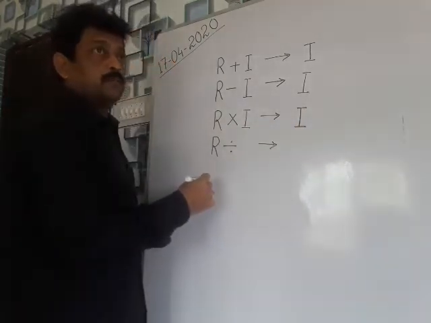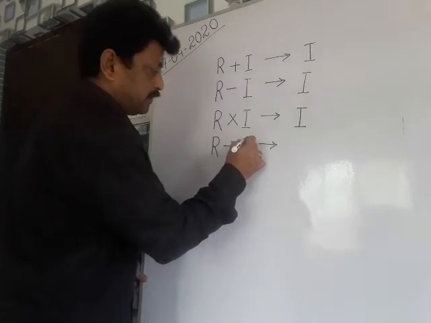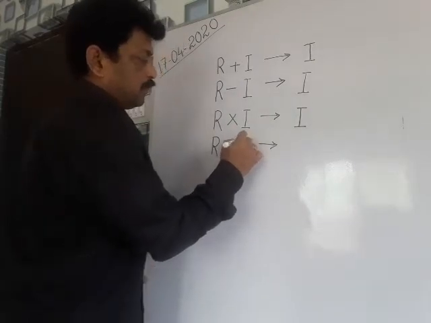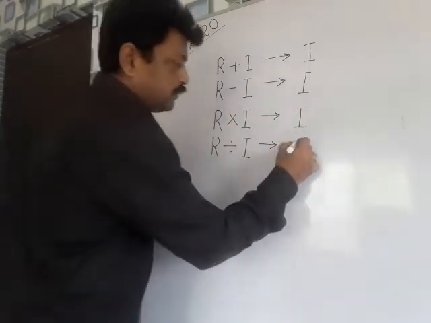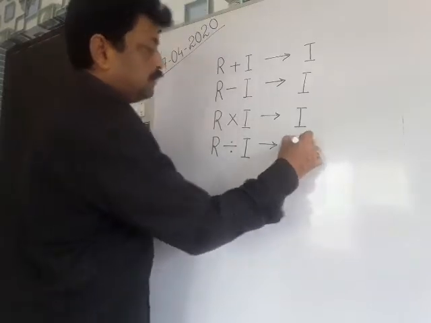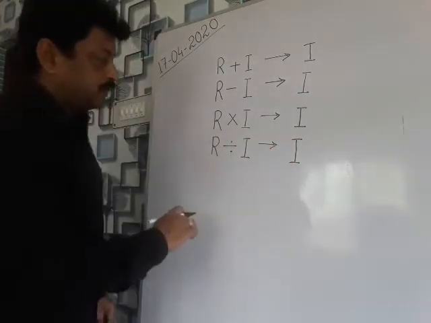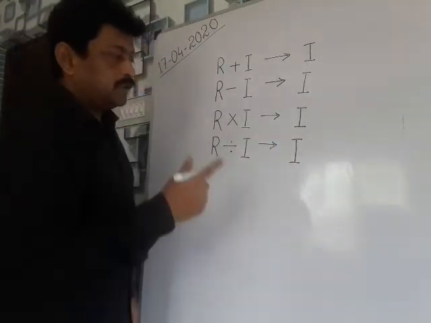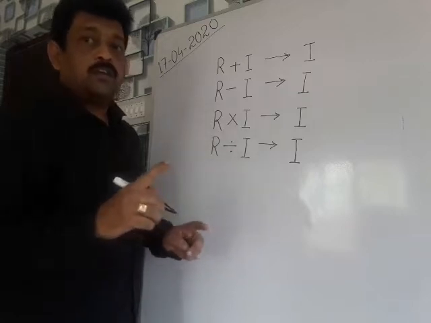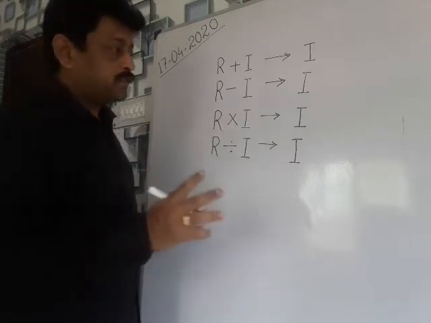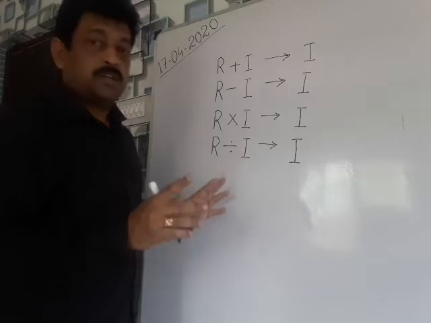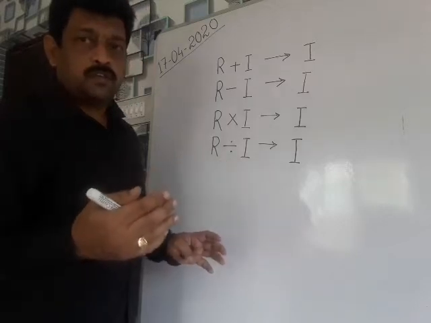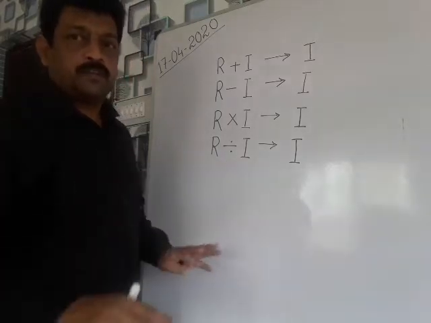If rational number is divided by irrational, then the result is also irrational. Similarly, if irrational number is divided by rational number, then the result will be irrational, except in case of 0, we cannot divide the irrational number by 0, that is, it becomes undefined.